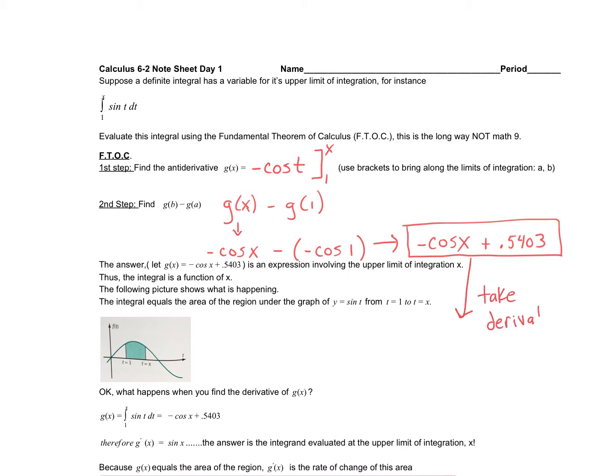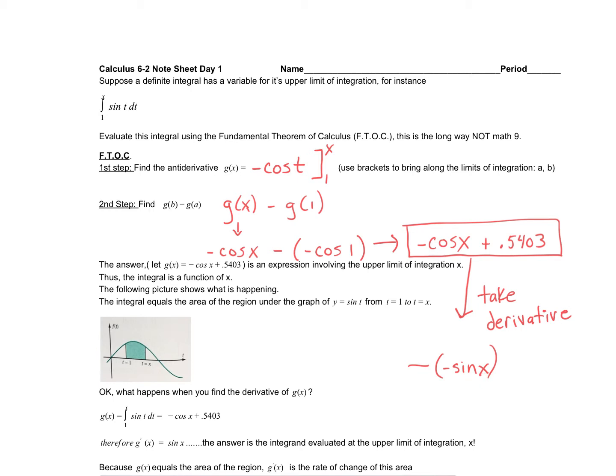Like we said, the Fundamental Theorem of Calculus Part 2 is the derivative of an integral. So here the negative comes along for the ride, and the derivative of the cosine is negative sine of x. Again, the negative comes along for the ride, the derivative of cosine is negative sine of x.